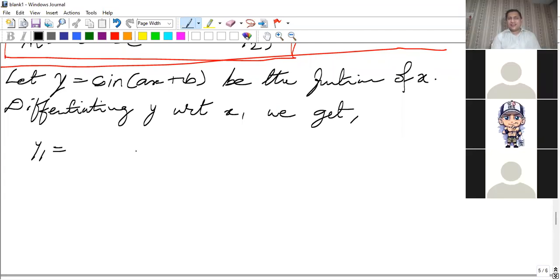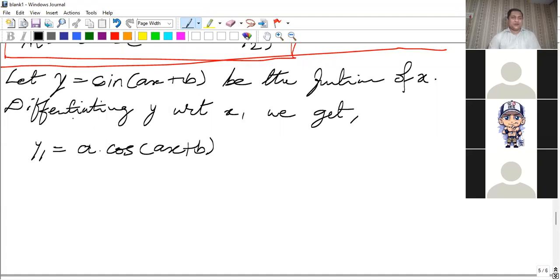No, sir, into a. Cos of ax plus b into a. Yes, the constant should be considered, so we need to be careful. Once you miss the first step, you are going to miss all the remaining steps, though you know the method. So it will be a into cos of ax plus b. Is that okay? Yes, sir.